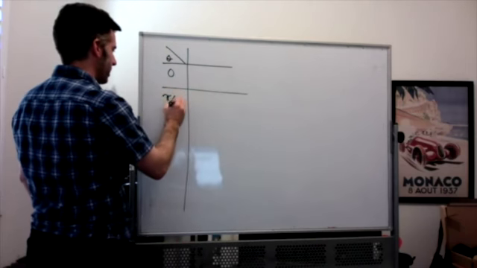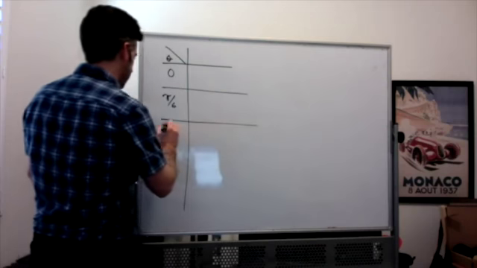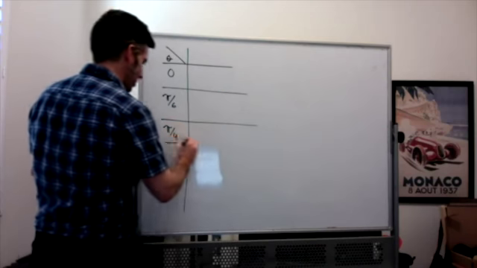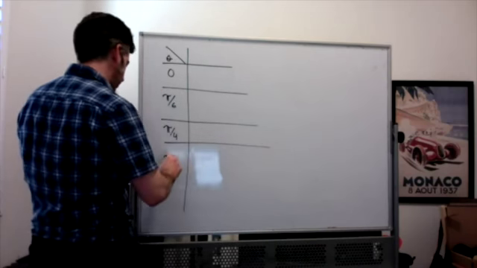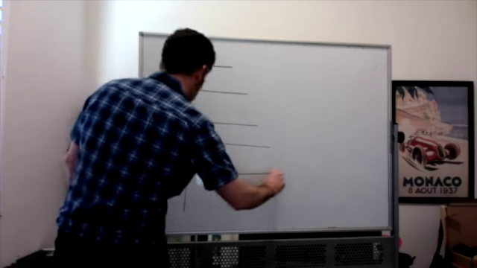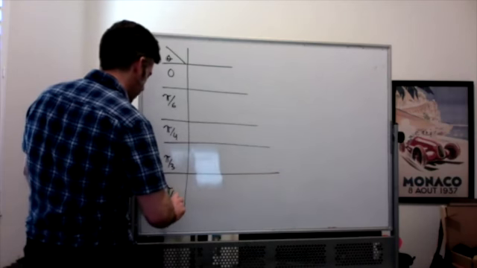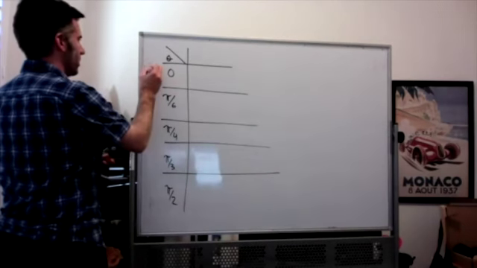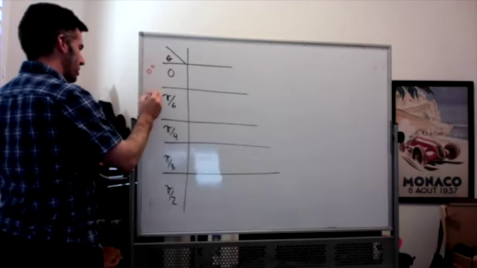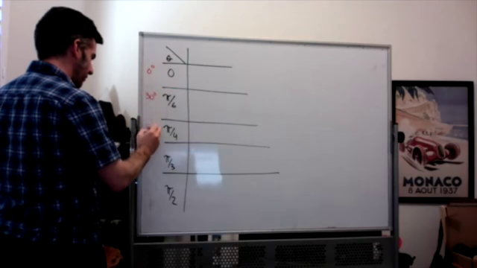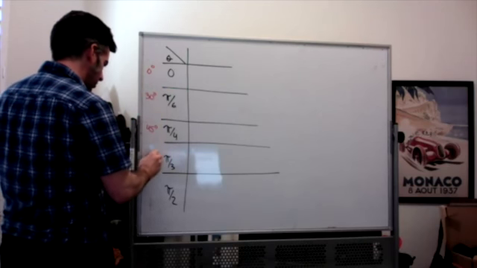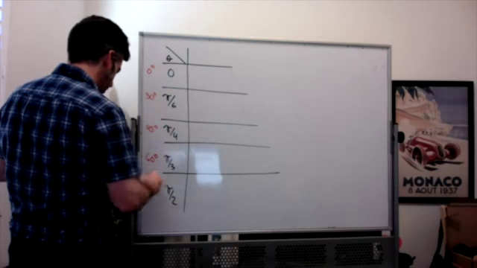Pi over 6, pi over 4, pi over 3, and pi over 2. Which we can also say as 0 degrees, 30 degrees, 45 degrees, 60 degrees, 90 degrees.